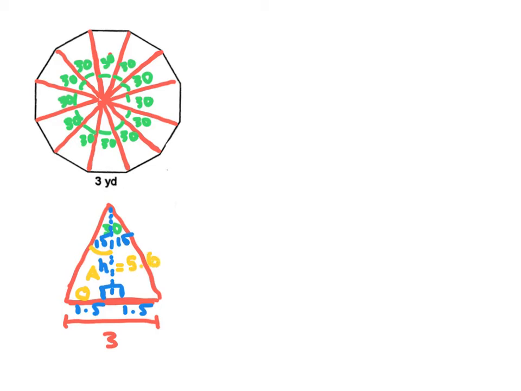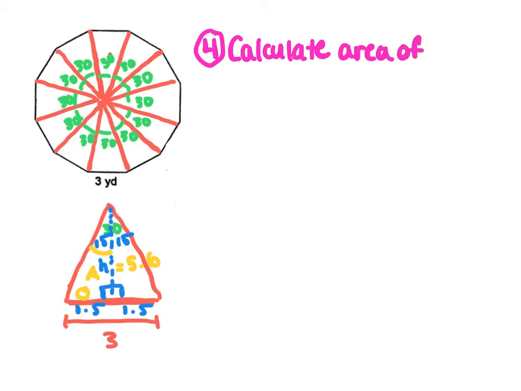Now, once we have all this information, the next thing we're going to do is calculate the area of one triangle. So we know that the area of a triangle equals 1/2 times the base times the height.